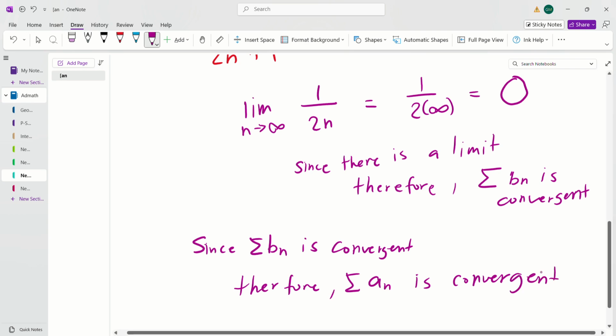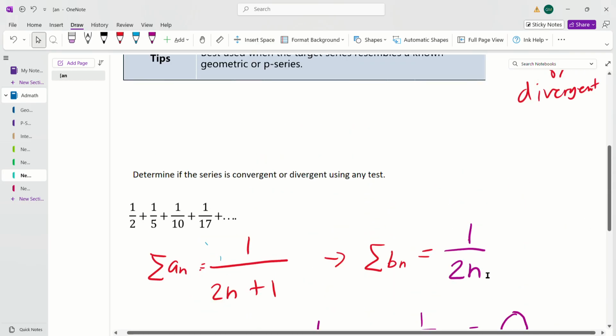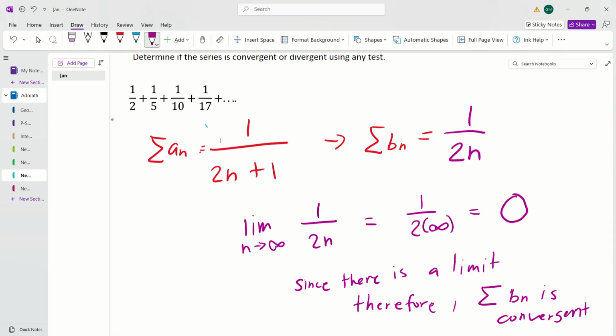So that's how you perform the comparison test. Again, given that you have this a sub n, you simply derive the summation of b sub n, the second series, and then using any type of test, or just getting the limit of this series, you can identify if this second series, b sub n, is convergent or divergent.